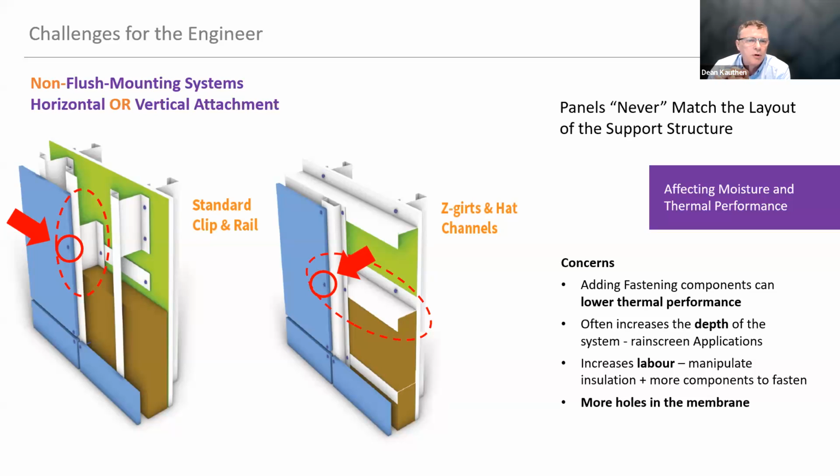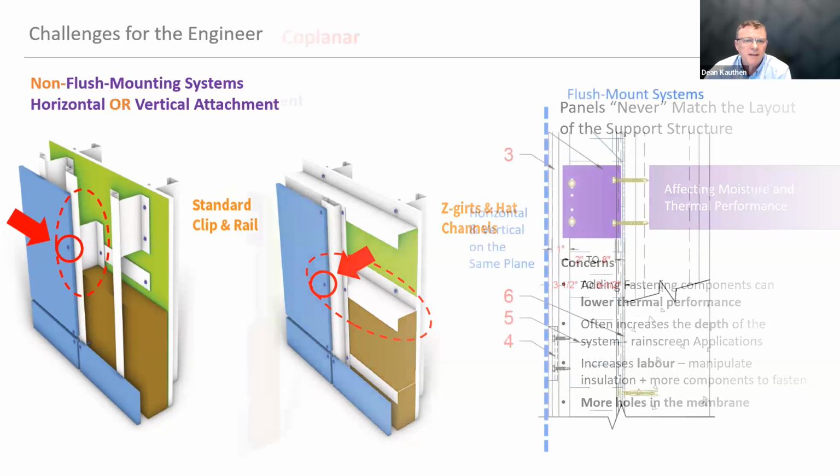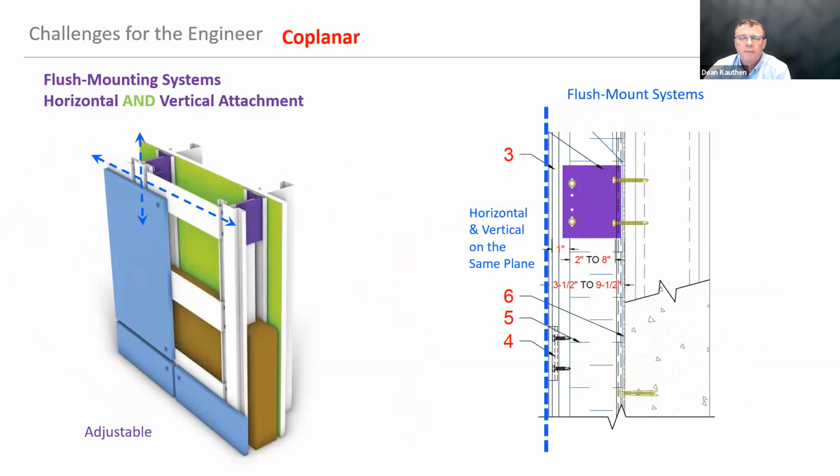You're adding more holes to the membrane behind. There's additional labor, there's additional material cost, and you have the risk of increasing the depth of the wall system, something that may not be allowed or may not be in the design of the wall system that you're looking for.